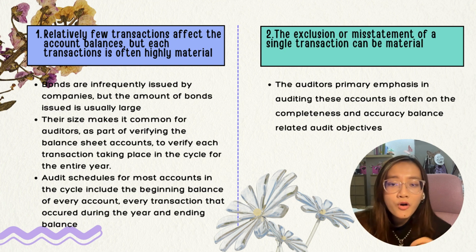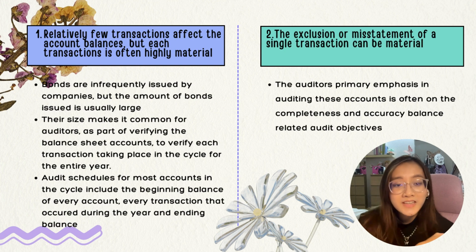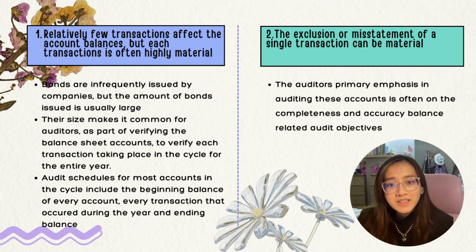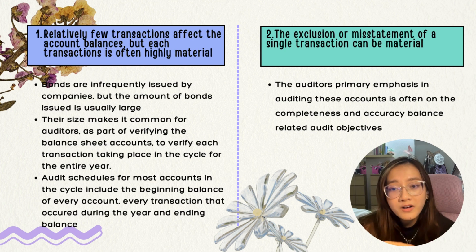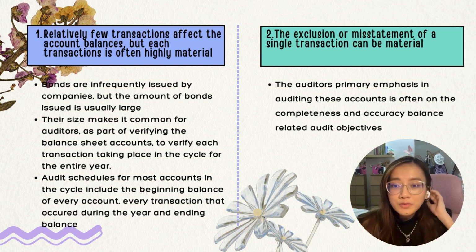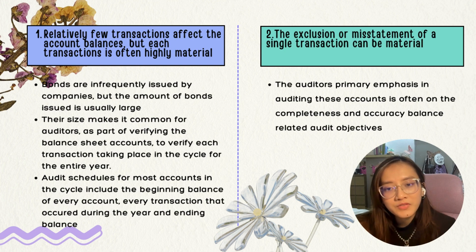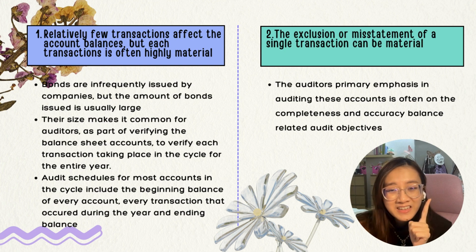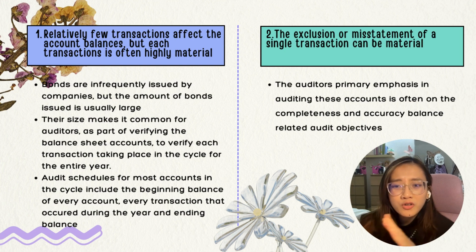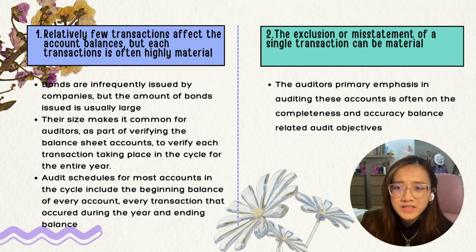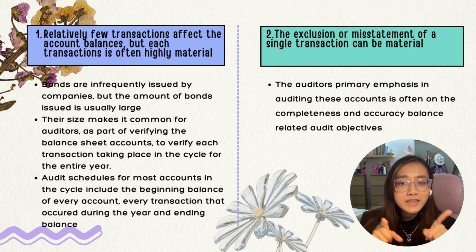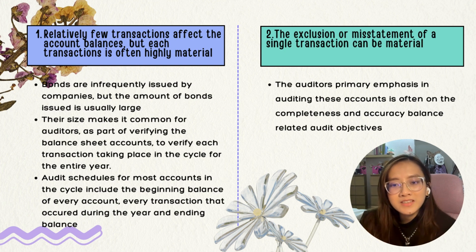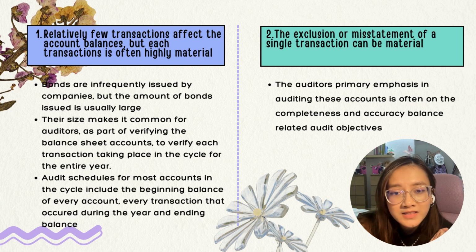This means that omitting or inaccurately reporting just one transaction can have a significant effect on the financial statements. In other words, due to the large amount of money involved in each transaction, even one error can materially misstate the financial position or result of operations of the company. Material here indicates that such an error could influence the decisions of users of the financial statements.